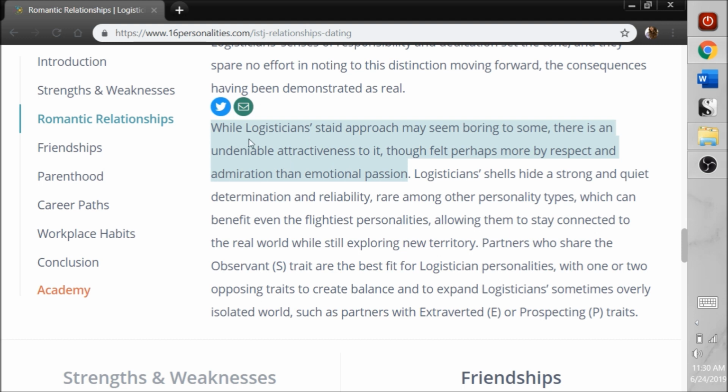So when I read this, I thought, wow, that's good. I guess I'm writing this in a believable manner, because this is how characters like Ari, who's a logistician, would act in a relationship. So that was nice to know that I'm on the right track there.